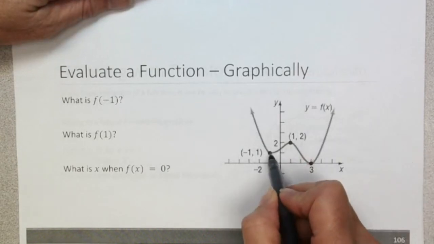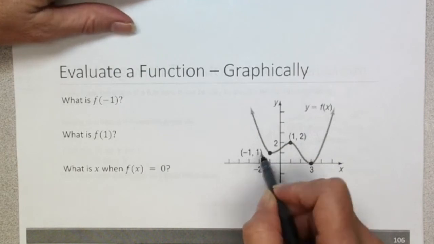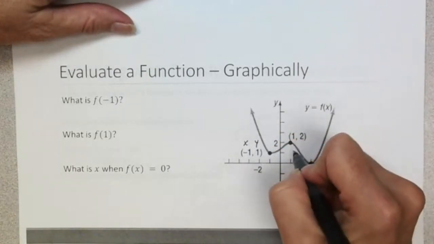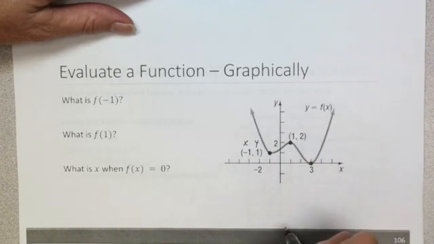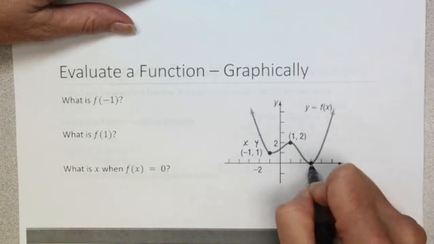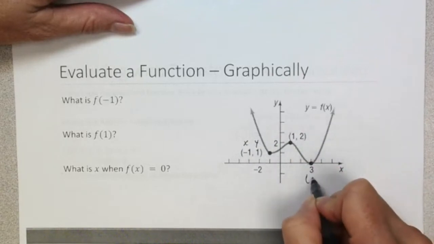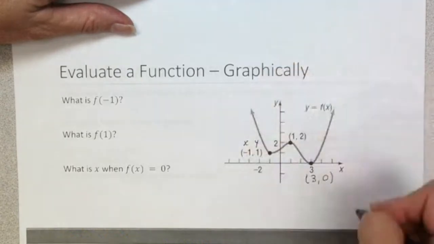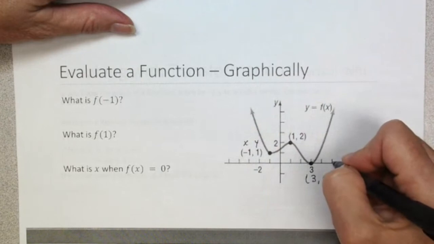Here's a point on that graph that has the coordinates of negative 1 and 1. The x is negative 1, the y is 1, right? Here's another one, that point has the coordinates 1 and 2. Here's a point down here. What are those coordinates? The coordinates of this point here, x is 3 and y is 0, right? And any other point, I could estimate what they are.